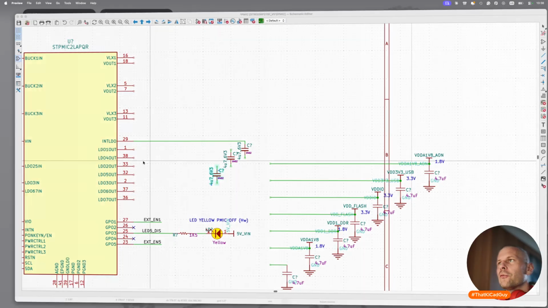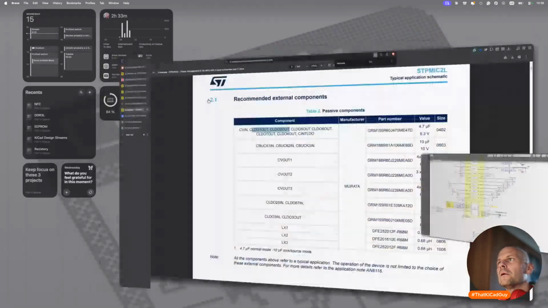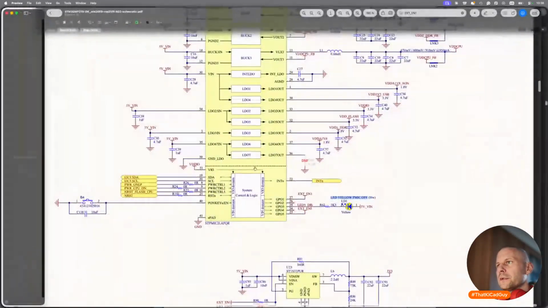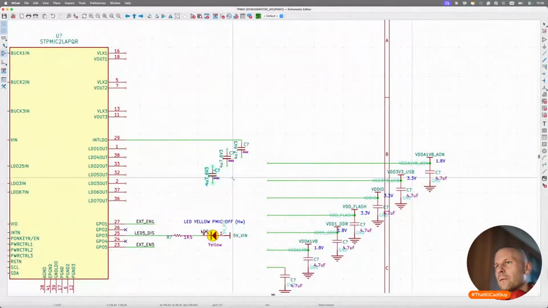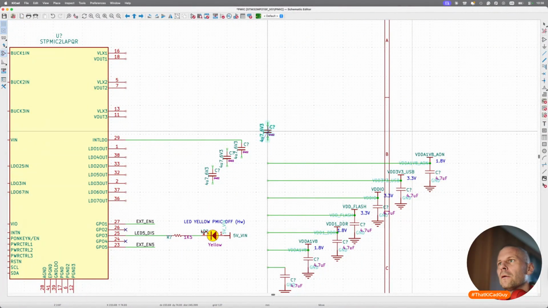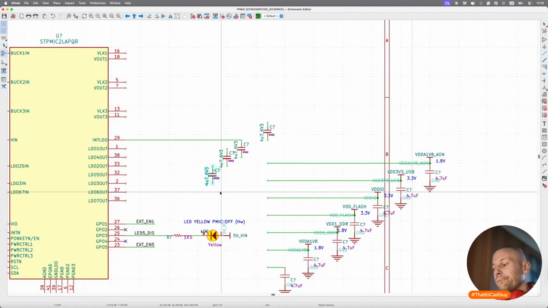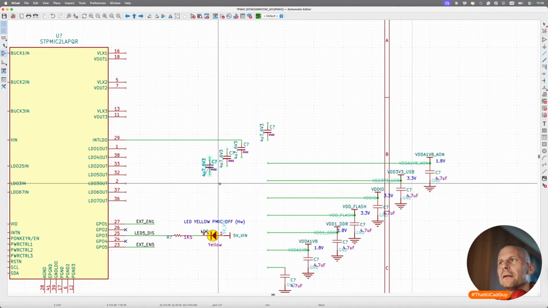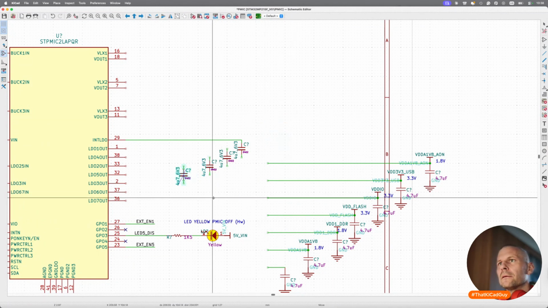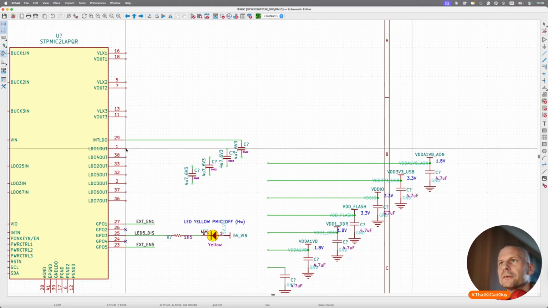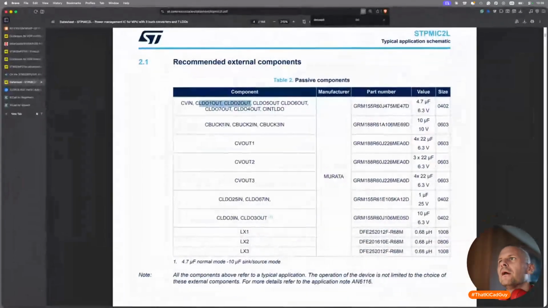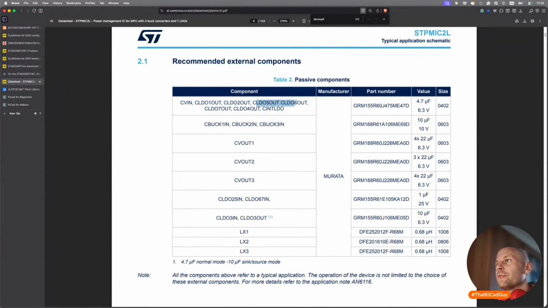Now we have LDO4. The same. So it's chaotic. LDO2, yes, I need to draw these lines to see what I'm doing. Yes, LDO5. LDO5 is the same, 5, 6, 7.